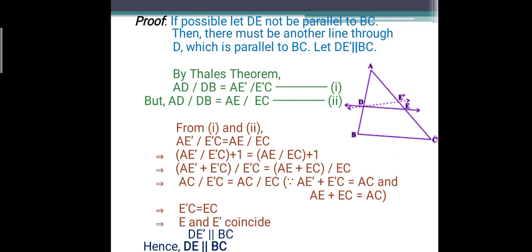So we can say that AE dash upon E dash C equals AE upon EC. By adding 1 on both sides, we showed that AE dash C equals EC. Now, looking at the figures, we can say that it is only possible when E and E dash coincide. DE dash is parallel to BC by our construction, hence DE will be parallel to BC.